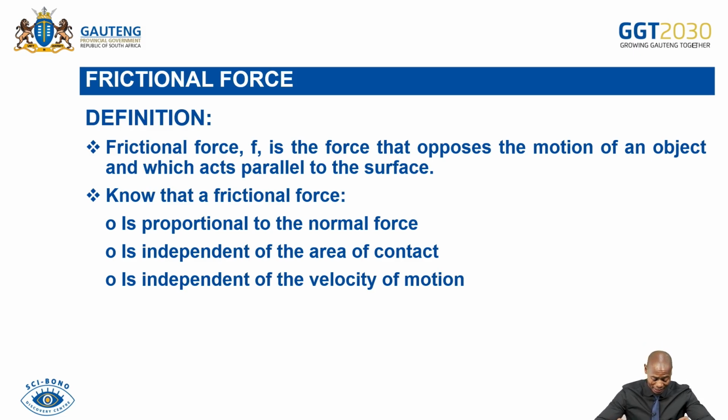So it's another kind of force, and frictional force is different from the normal force. Normal force, N, that is the symbol, and it always acts perpendicular to the surface. It's the force exerted by the surface on an object.